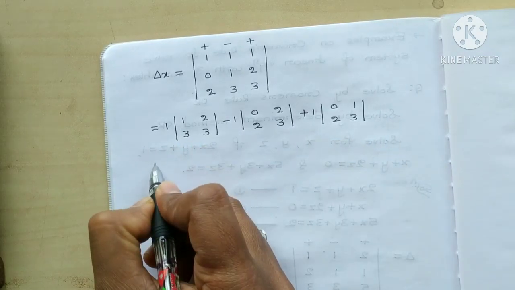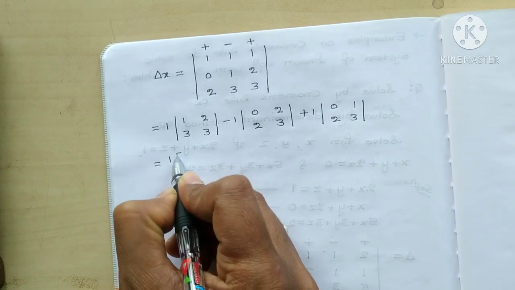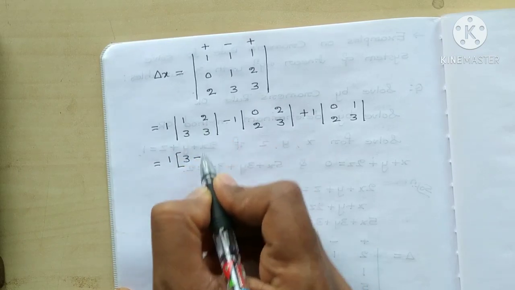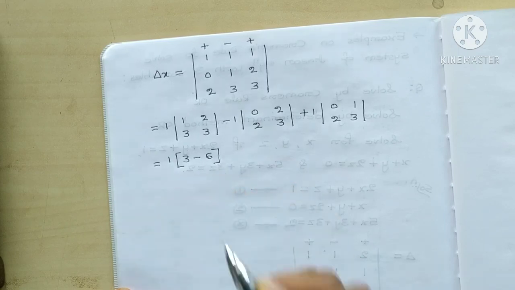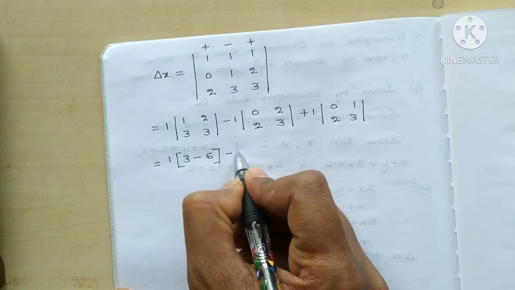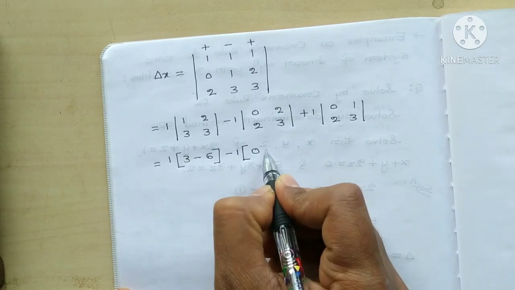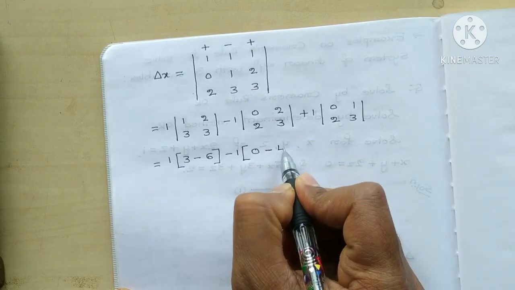Next, apply the second order determinant rule now. So 1 into bracket 1 into 3 is 3 minus 3 into 2 is 6. Next, minus 1 into bracket 0 into 3 is 0 minus 2 into 2 is 4.